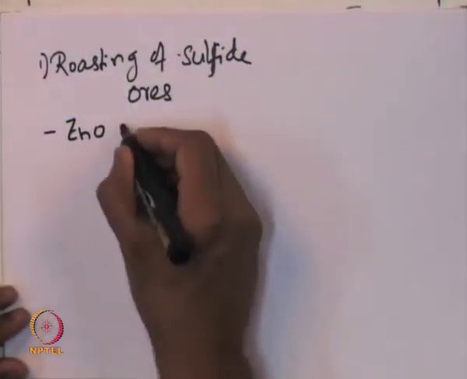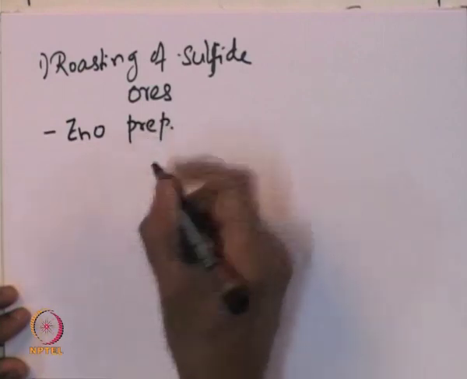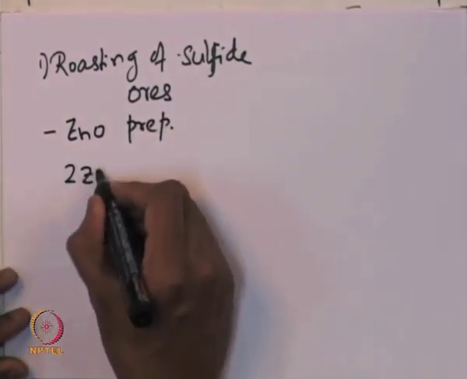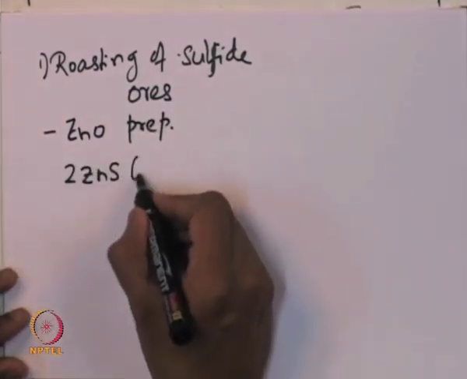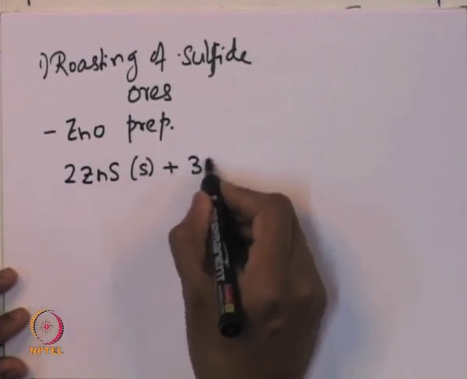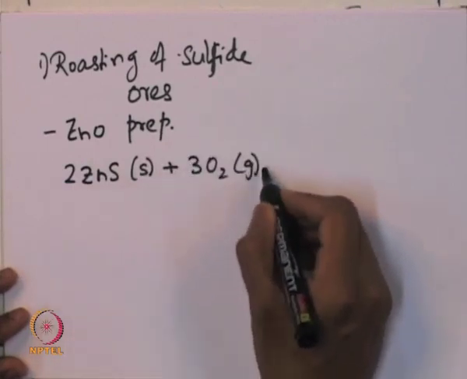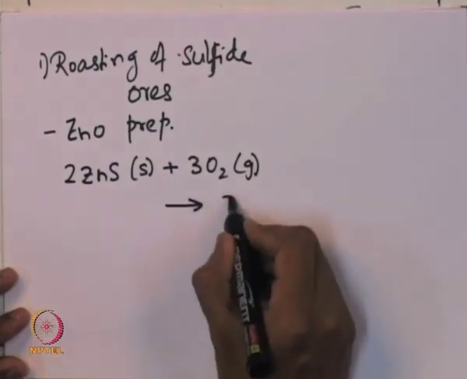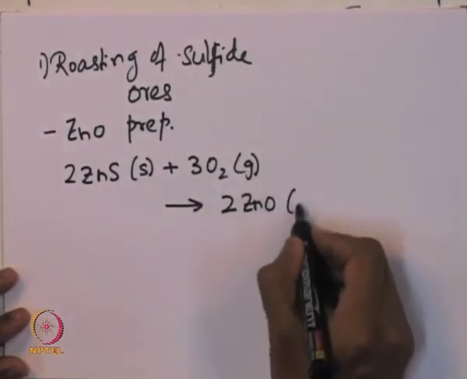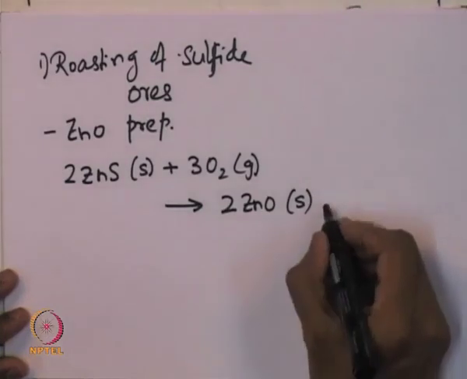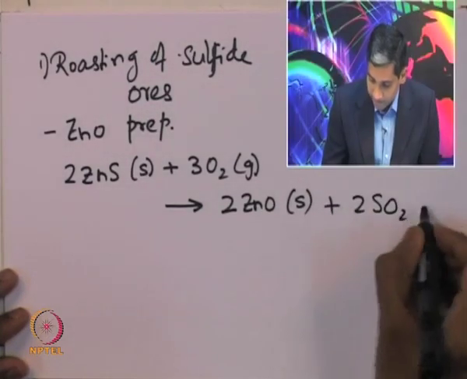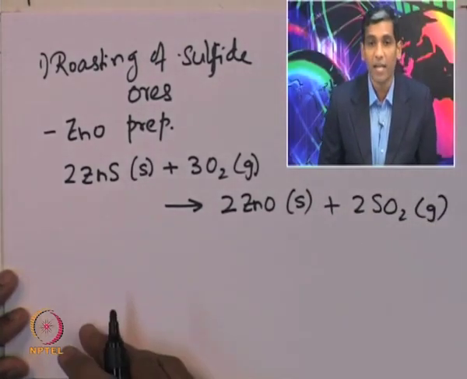So the nice example is zinc oxide preparation, and the reaction scheme is 2 zinc sulfide and 3 oxygen molecules. They combine together to form 2 zinc oxide, which is again in the solid form, and then it leaves out sulfur dioxide. So that's the reaction scheme.